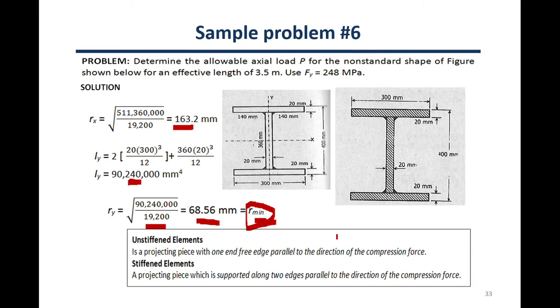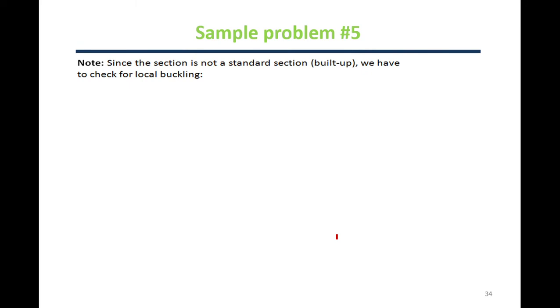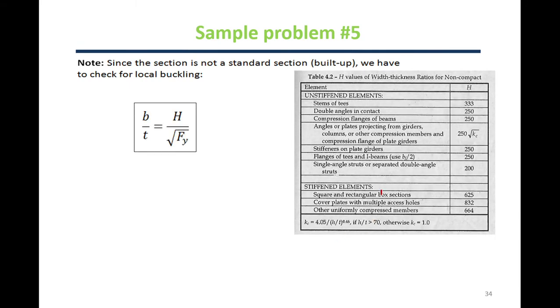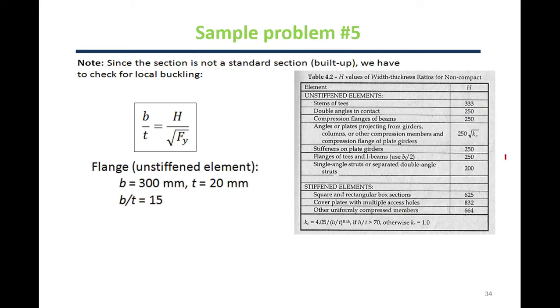Sabi, unstiffened is a projecting piece with one free edge parallel to the direction of the compression force. So, the stiffened elements, so we have projecting piece which is supported along two edges parallel to the direction of the compression force. So we have, since the section is not standard, we have to check the local buckling. So makita natin dito, di ba? So we have here unstiffened. So we have nakuha natin B over T, that is 15.